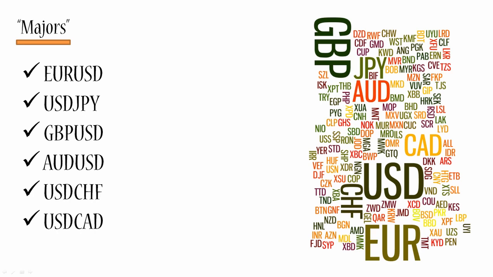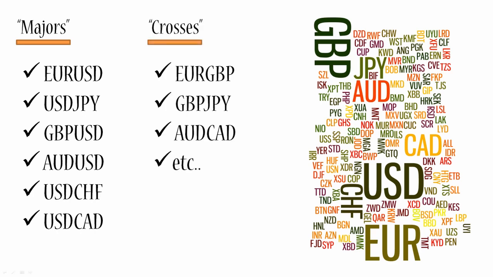And also the second group is the crosses. Crosses are simply put all currency pairs that do not include the American dollar, such as the Euro British pound, yen Australian dollar, Canadian dollar, and so on. And of course there are also all other currency pairs.